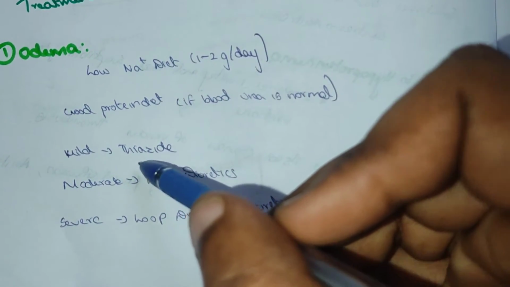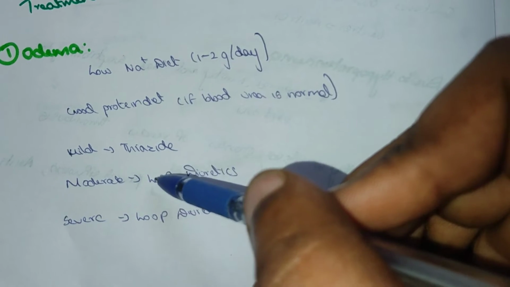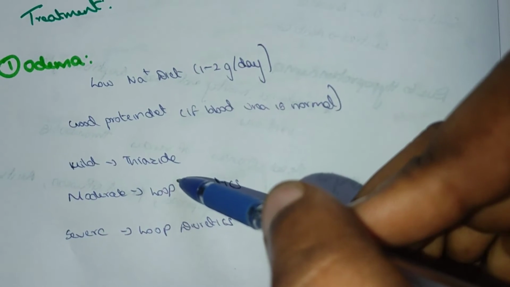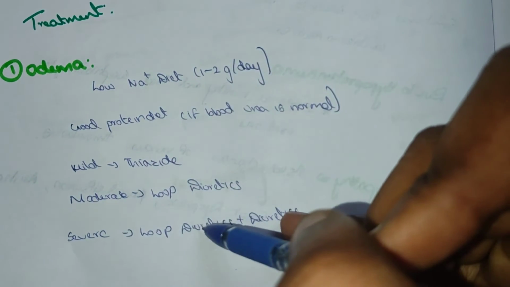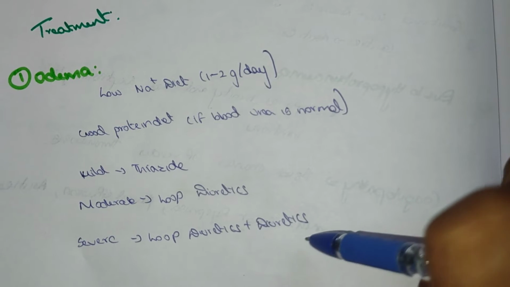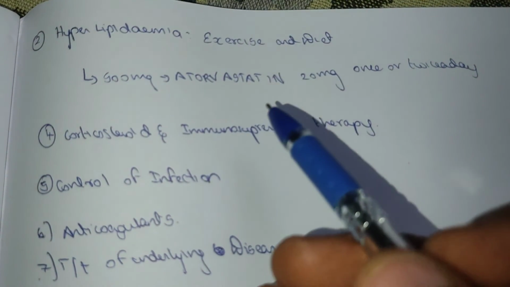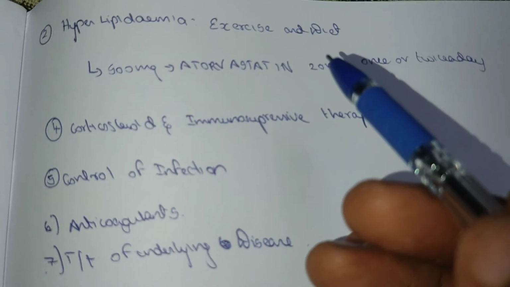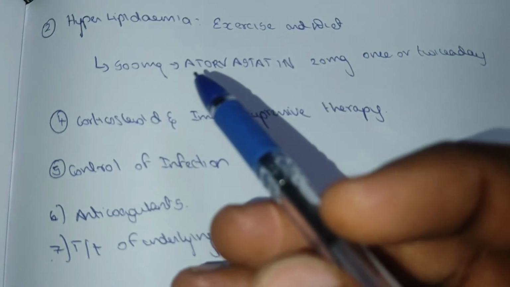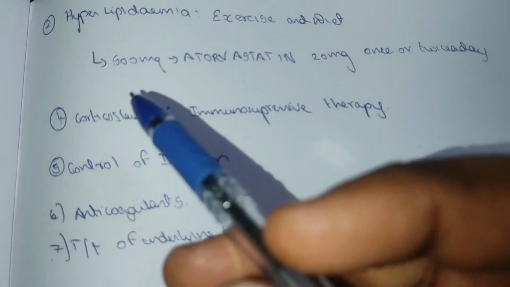To cure the edema, diuretic drugs are given: thiazide for mild cases, loop diuretics for moderate cases, and loop diuretics combined with other diuretics for severe cases. In hyperlipidemia, the triglyceride as well as cholesterol level gets increased, so exercise and diet are the major concern.